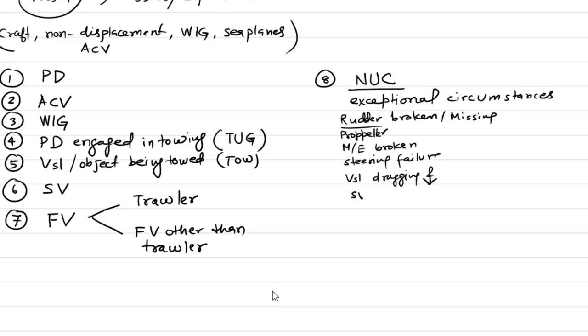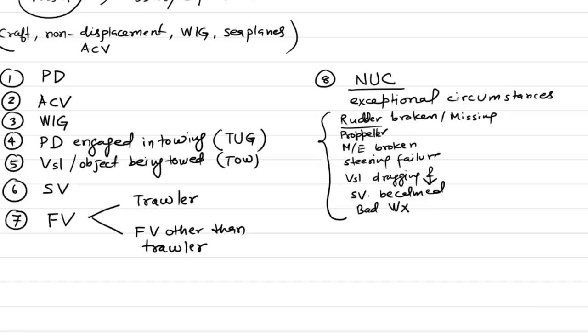Sailing vessel becalmed. That means there is no wind and there's a sailing vessel, or exceptionally bad weather. It's not wind force 4 and 5, but some exceptionally bad weather. These are some examples of NUC.